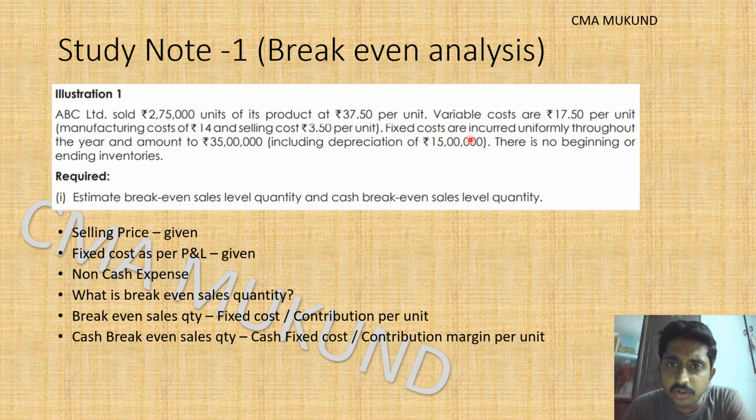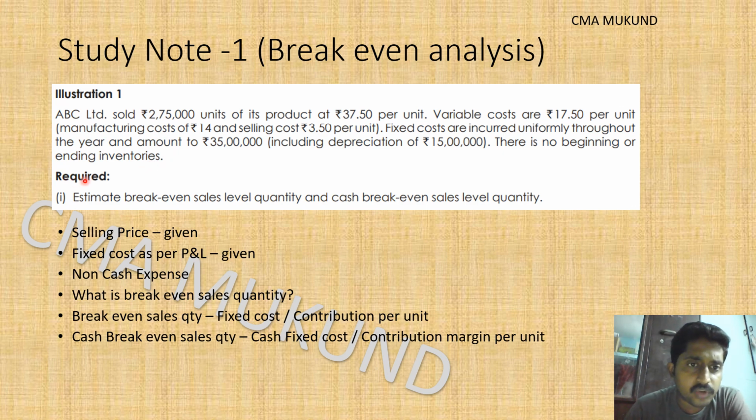Fixed cost is incurred uniformly throughout the year and amounts to 35 lakhs in total as per the P&L. If you take the company's P&L and analyze it, we can bifurcate 35 lakhs as the fixed cost, which is consistent every year. That is inclusive of depreciation of 15 lakhs. There are no beginning or ending inventories.